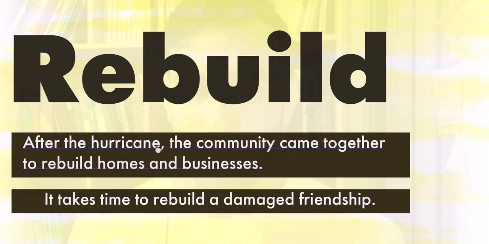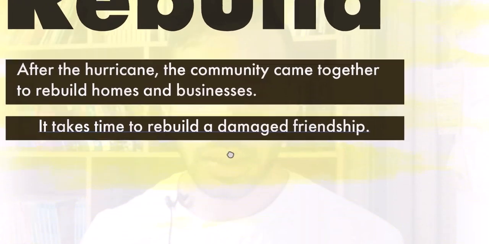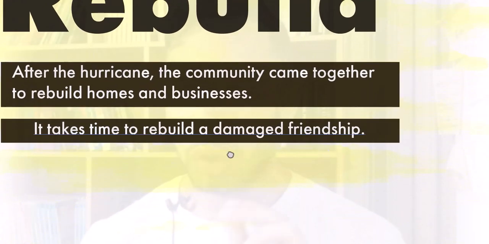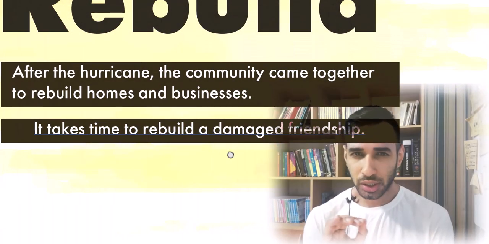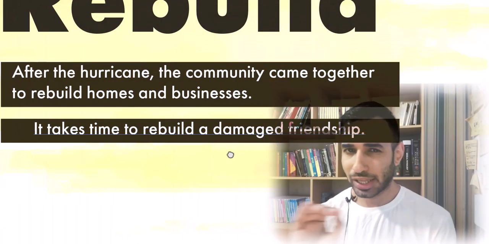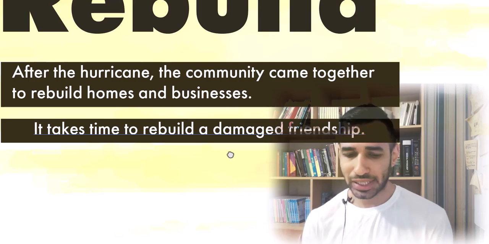So a community came together in order to rebuild, reconstruct, restore those businesses or those homes. Second, it takes time to rebuild a damaged friendship. As you see, to rebuild a friendship, to rebuild a relationship, the collocations that we learned.